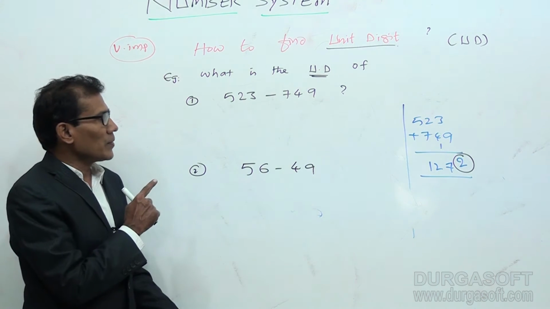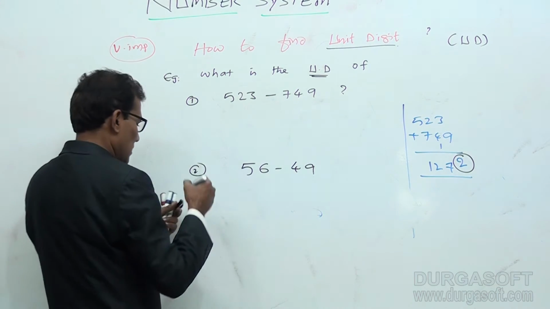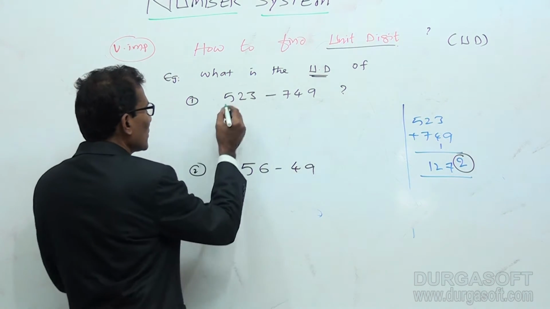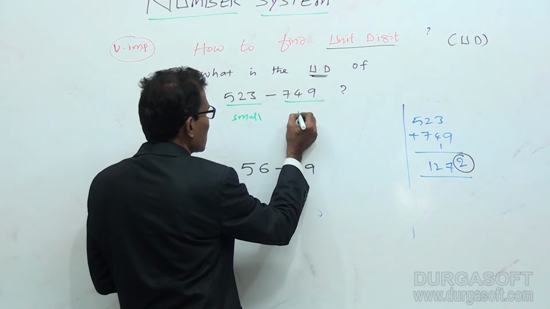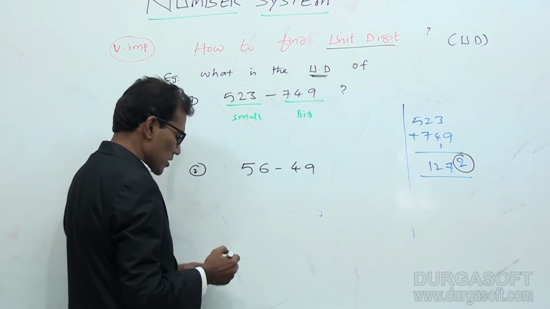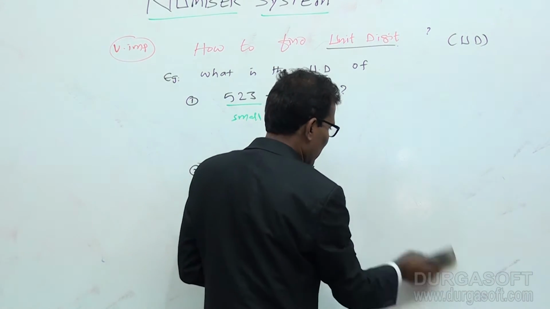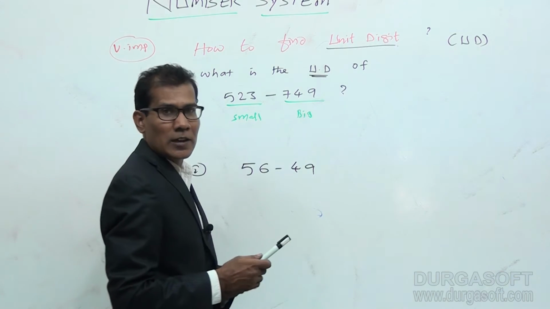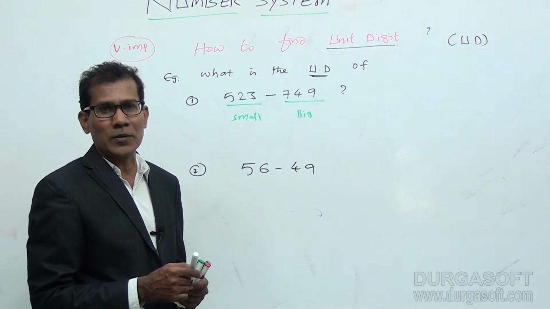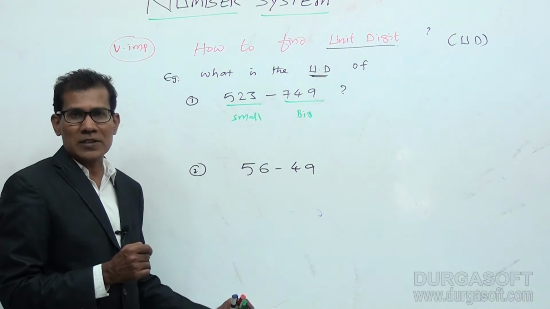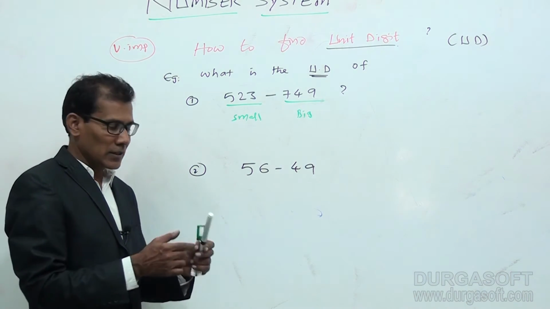First, make sure which is the small number and which is the big number. In this case, 523 is the smaller and 749 is the big number. The subtraction is performed as big number minus small number whenever subtraction is required. We are not talking about the sign of the final result, we are just finding the unit digit. To find the unit digit, the sign of the final resulting number is not important. We only need to focus on the unit digit.